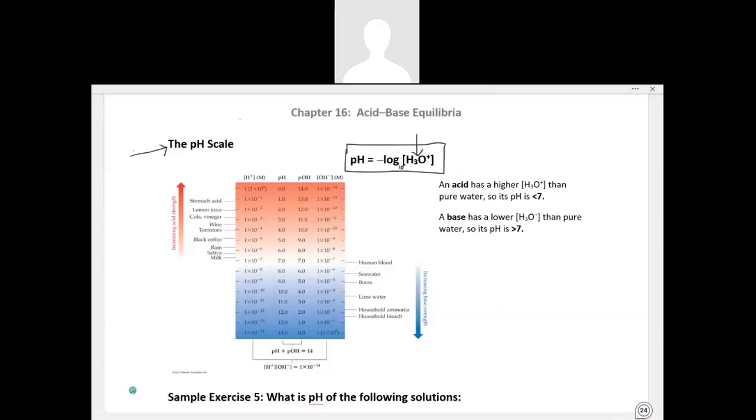An example of this could be if we said pH was equal to the negative log of 1.0 times 10 to the negative 7. If we plug this into our calculator, we will return this value here. So that's a good number to know: if you have 1 times 10 to the negative 7, this will give us a pH of 7, which is a neutral pH.